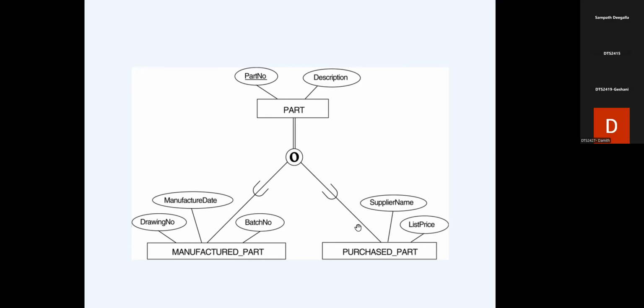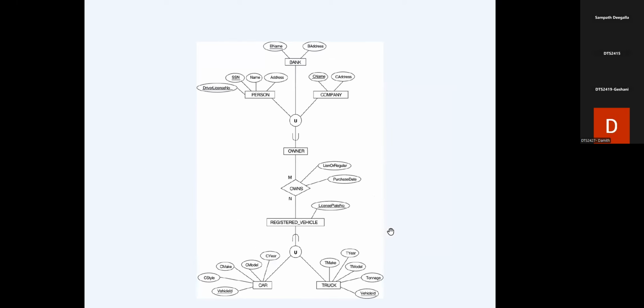So when you have overlapping, a particular instance may belong to both of these subclasses. So you can see here we have part as a superclass, then it could be a manufactured part, it could be a purchase part, or it could be both. So when you have a situation like this, the symbol we mark as O indicates overlapping.